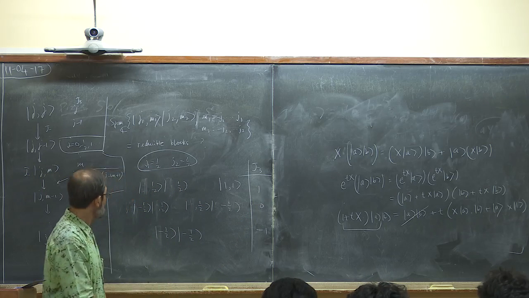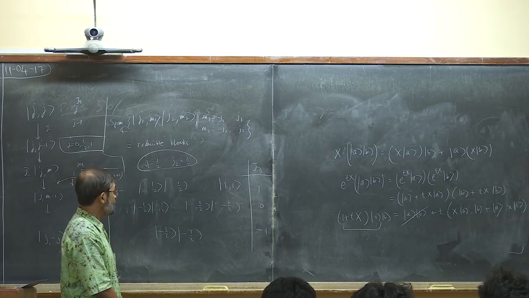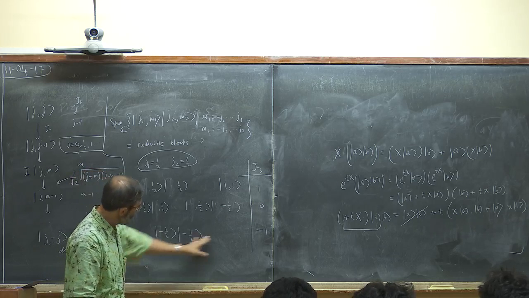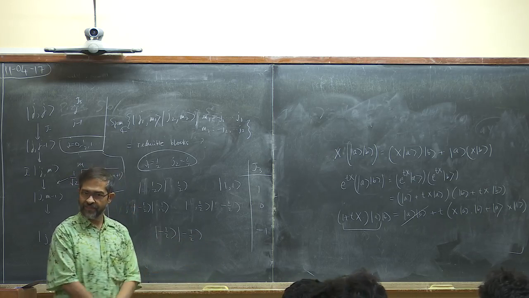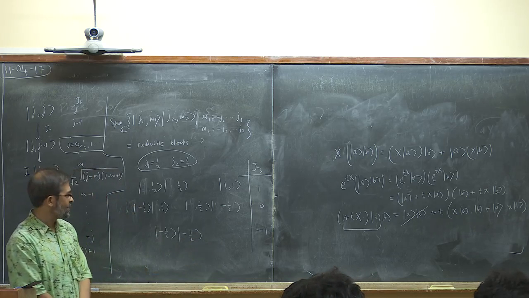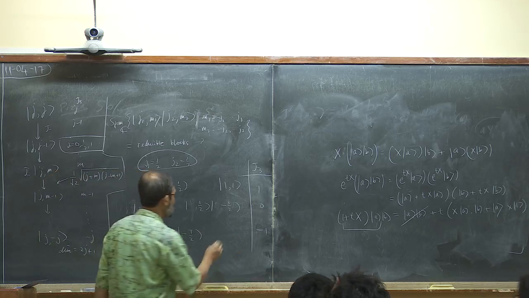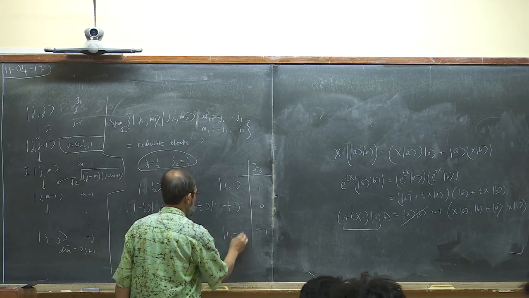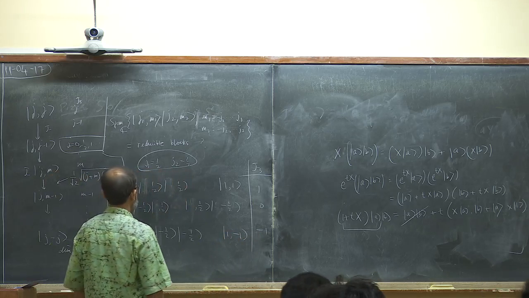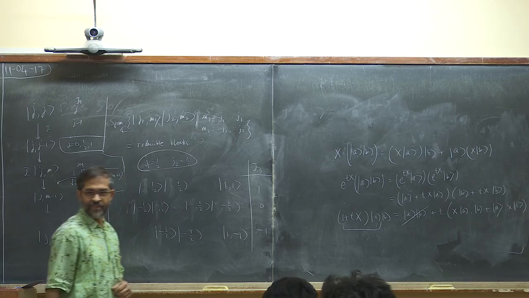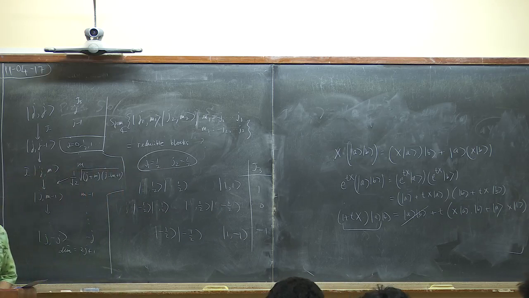Similarly, this object is the lowest weight state, and the spin is minus 1, so again it's 1, minus 1. What's happening in the middle? Any idea what's happening in the middle? 1, 0, and 0. Yes.